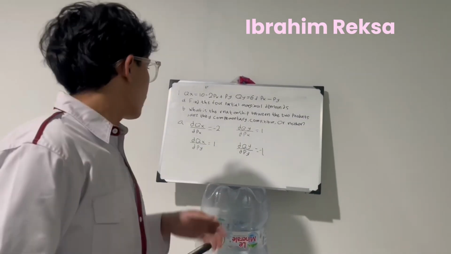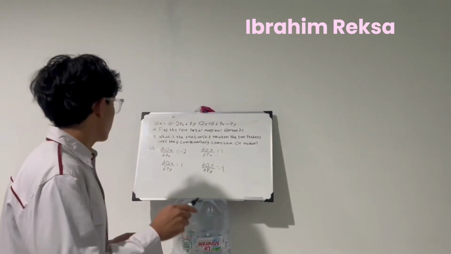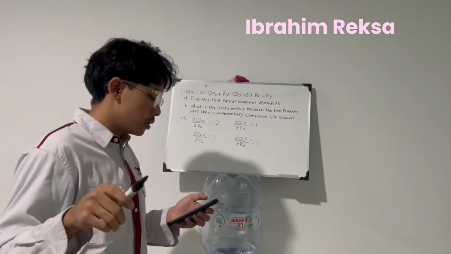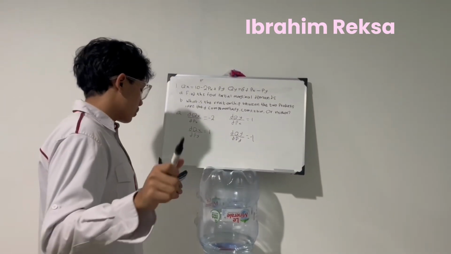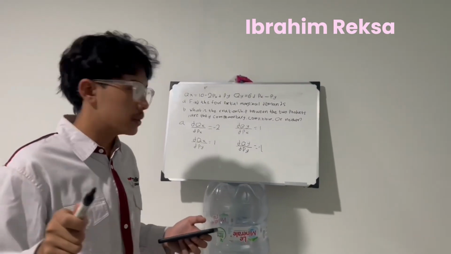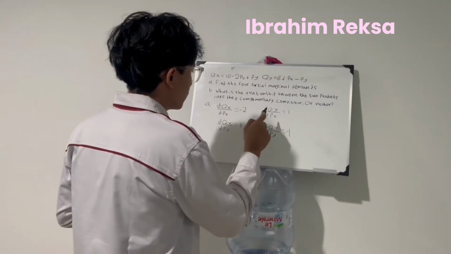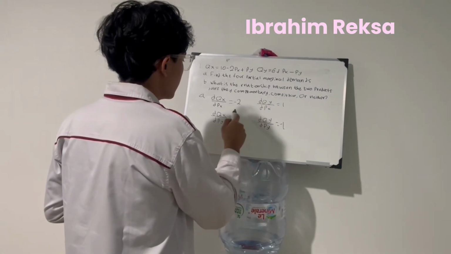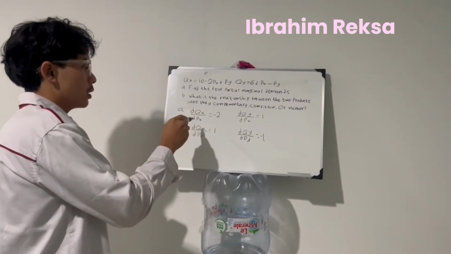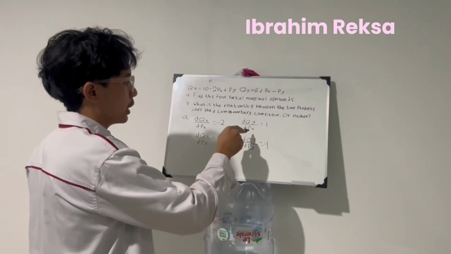Next we're going to answer question B. To answer question B, we have to determine the relationship between the two products represented in the sign of the cross partial derivatives here. So we take the cross ones, ∂QX/∂PY and ∂QY/∂PX.